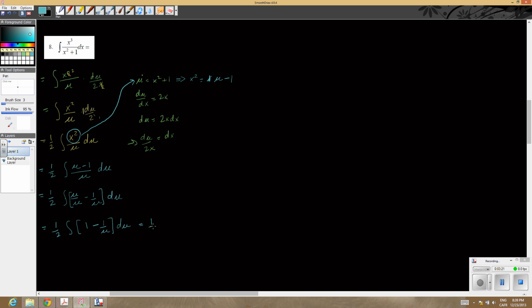So we have 1/2 stays out front. Integral sign can go away now. Excuse me. Let me erase this. Okay. So the integral of 1 with respect to u is now u. Okay, the integral of 1 over u gives you the ln of the absolute value of u.